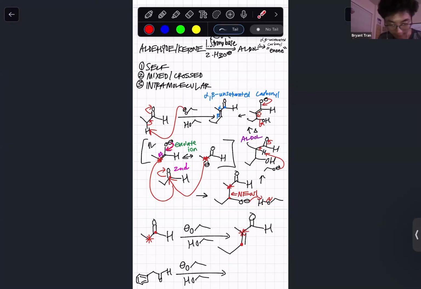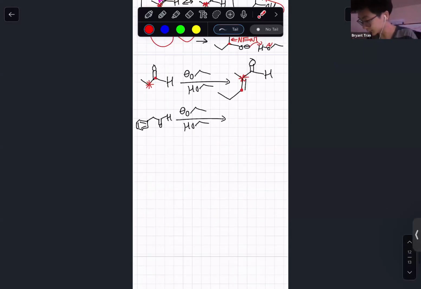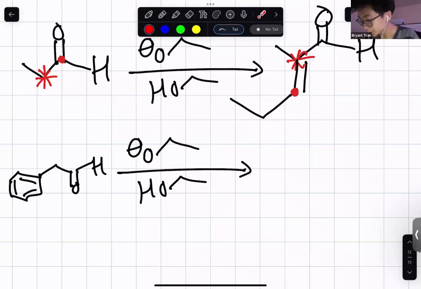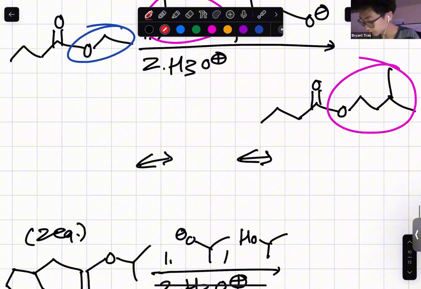For this one, the product, star dot. Oh, Jenna, your dot is not the alpha carbon, because when you do that trick, right? So let's do this. This is our star right here.